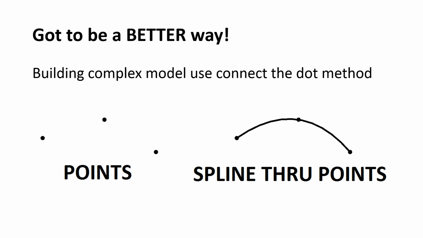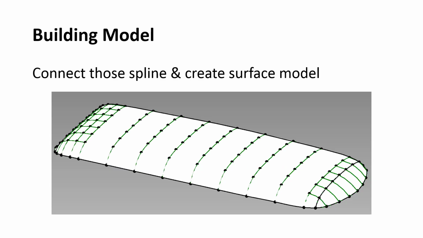The first thing you do is take the points and use the command called spline through points, and it gives you a line. Once you have a bunch of lines, you have the skeleton built. The next thing you do is connect those surfaces, and it becomes a model.